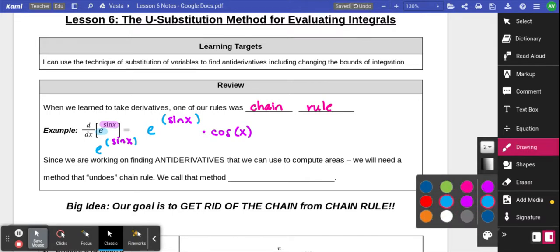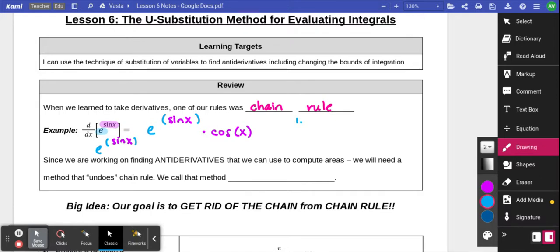The rule, which I'm going to write down in words, is derivative of the outside, and then multiply by the derivative of the inside.